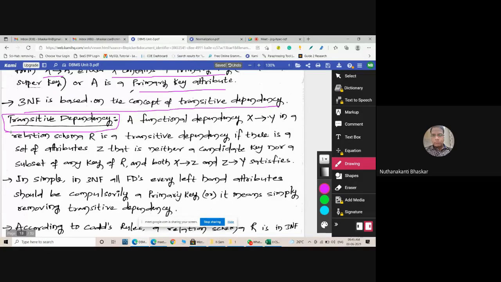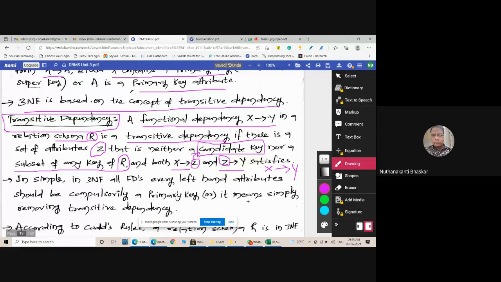A functional dependency X determines Y in a relation schema R is a transitive dependency if there is a set of attributes Z that is neither a candidate key, very important information, nor a subset of a key of R, and both X determines Z and Z determines Y are satisfied. So it never accepts the candidate key.